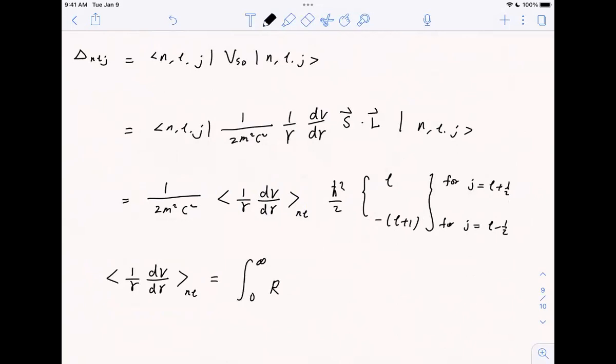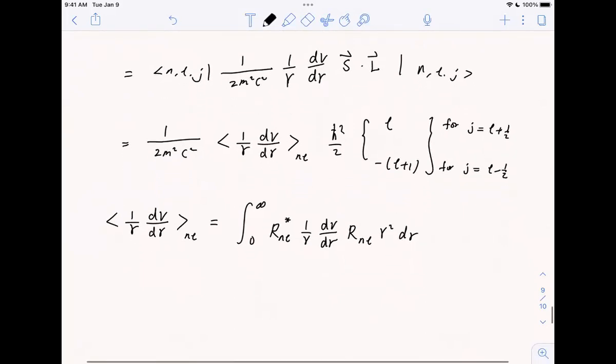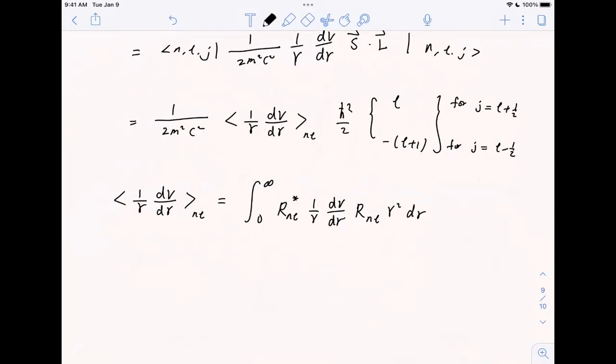So the R part of the wave function, NLR squared. I think probably I'm missing a star here. So the size of this splitting depends on this thing. All the others are just constant. So this is the property of the atom.